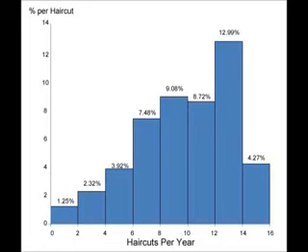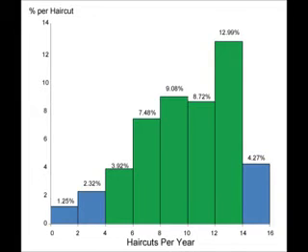If we wanted to find the percentage of clients getting between exactly 5 and exactly 13 haircuts each year, we would add 3.92% for 5 haircuts, plus 7.48% for 6 haircuts, plus another 7.48% for 7 haircuts, and continue the same process through 13.